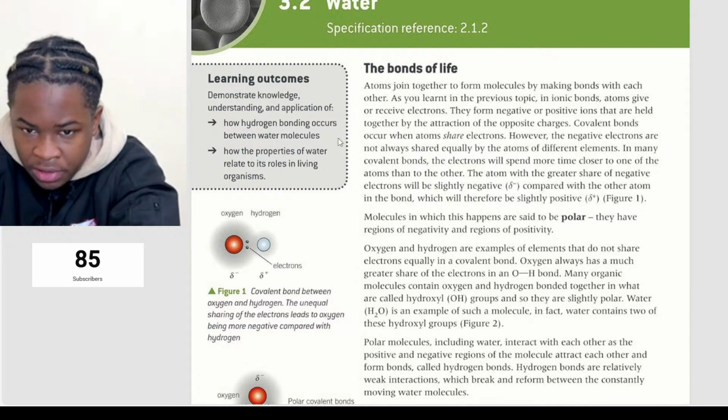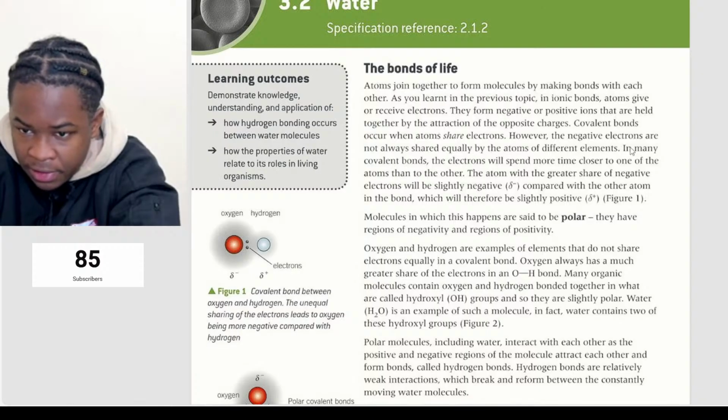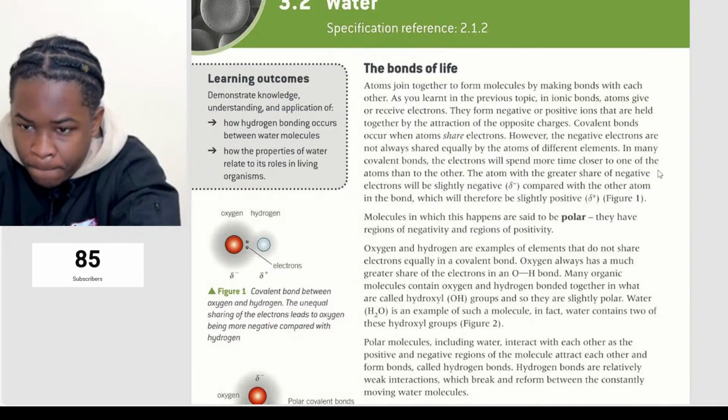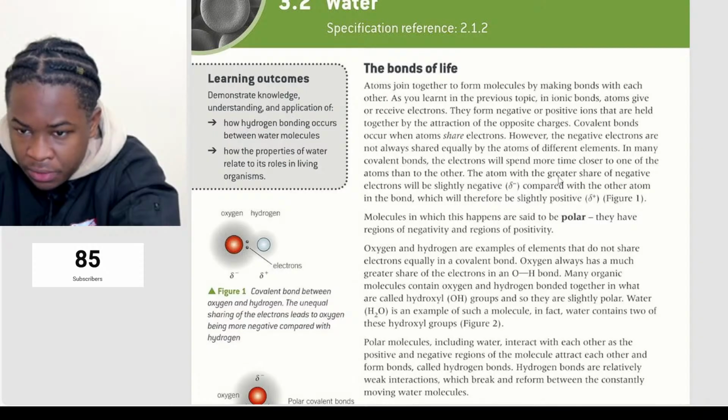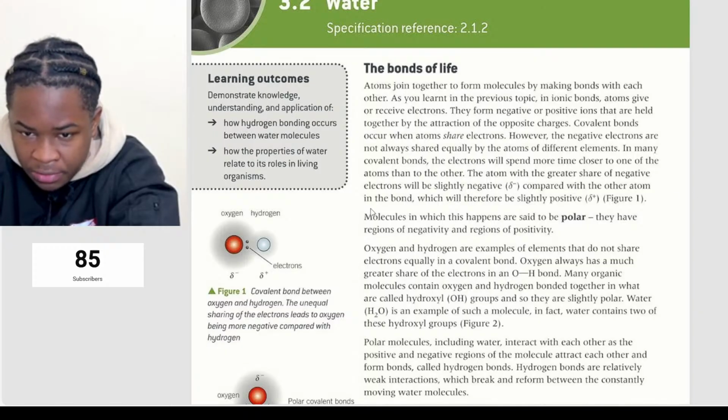However, the negative electrons are not always shared equally by the atoms of different elements. In many covalent bonds, the electrons will spend more time closer to one of the atoms than the other. The atom with the greater share of negative electrons will be slightly negative compared with the other atom in the bond, which will therefore be slightly positive, as shown in figure 1.